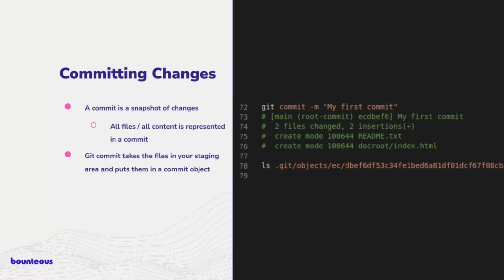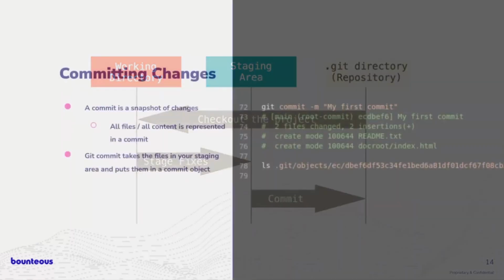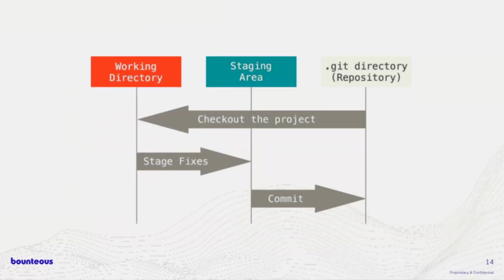So it's going to take all your files in your staging area and put them into a commit object. And then if we go back and look at where we're at, we'll take a look at what that commit object holds. We had our change, put it into our staging area, and we just ran our git commit command. Those changes are going to be put into our repository and made permanent.